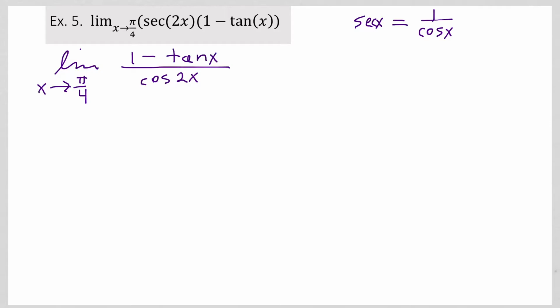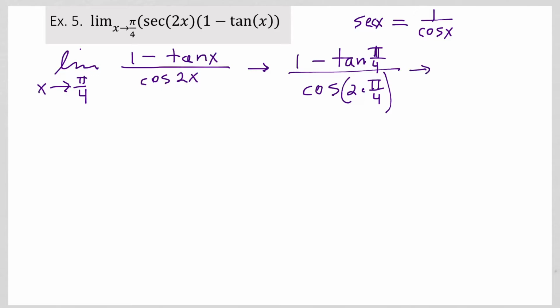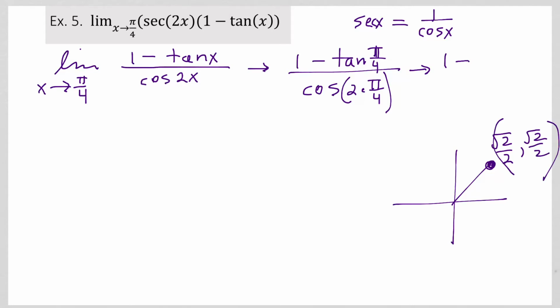So I'm putting the cosine in the denominator. So now let's take a look at substituting pi over 4. 1 minus the tangent of pi over 4 divided by the cosine of 2 times pi over 4. So pi over 4 is right here where we've got root 2 over 2, root 2 over 2 for the sine and the cosine.